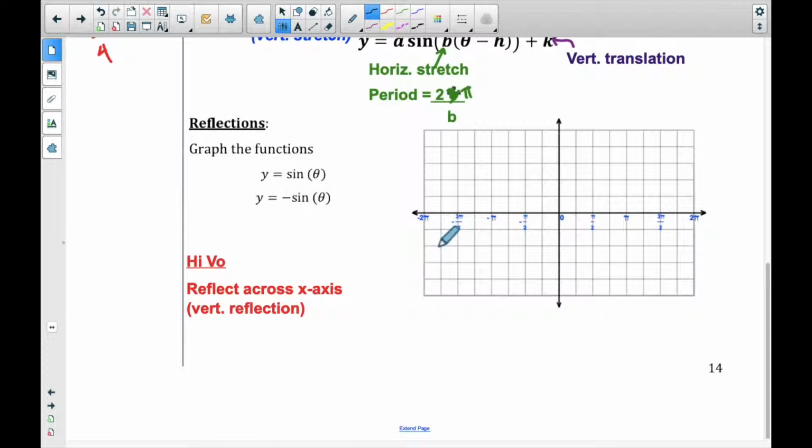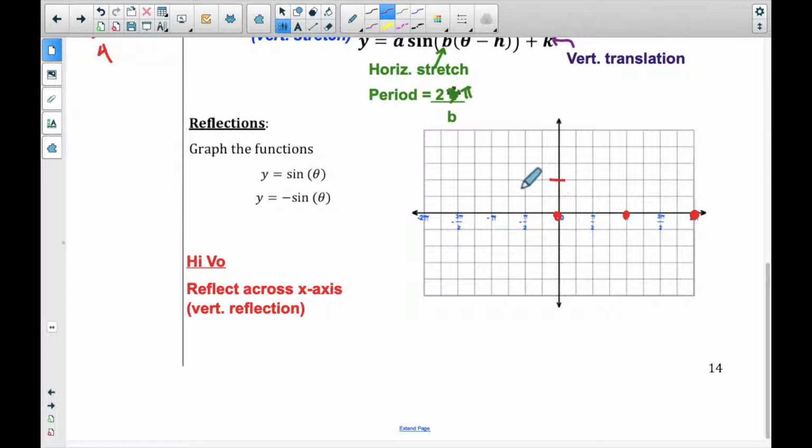All right, well, let's do some of this then. Let's see what happens. Okay, let's graph the parent function first. So this might be, if you want to use 2 colors, a good place to use 2 colors, or maybe a solid line or a dotted line or something. Okay, the first one is y equals sine of theta. We just did that one, so we know how it goes. It's going to touch at 0 and pi and 2 pi.